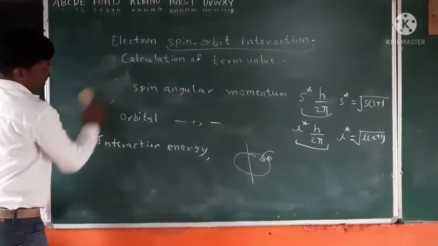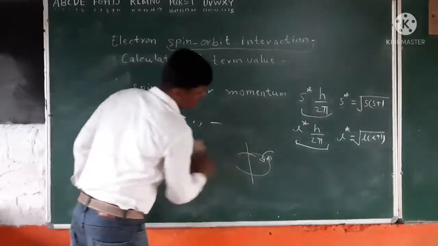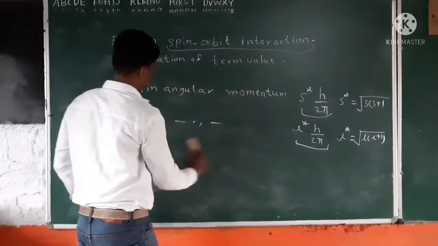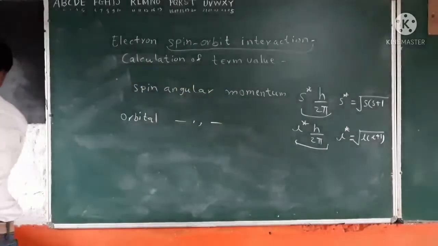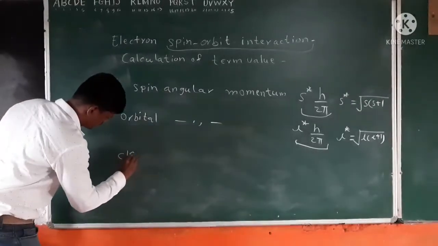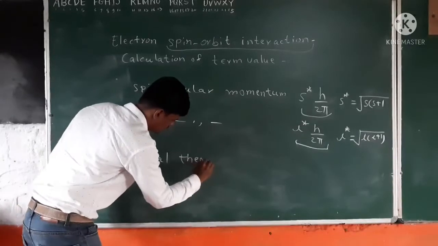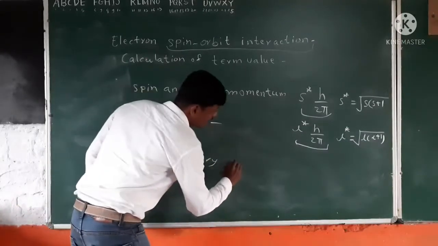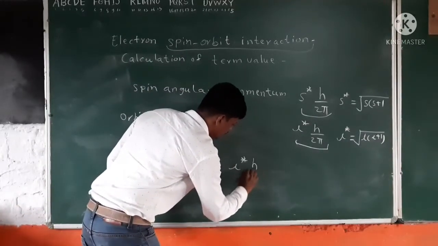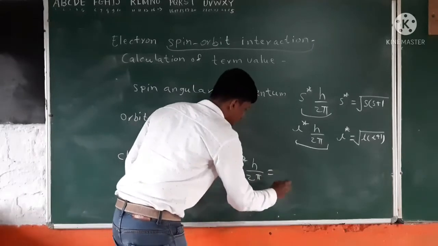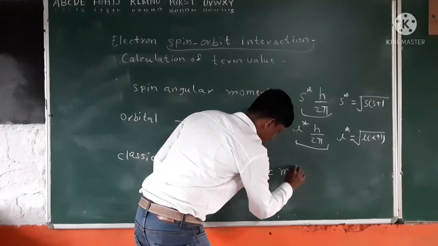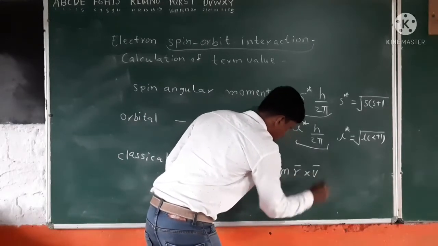We can get this orbital angular momentum from the classical model. In classical theory, L star h by 2 pi can be written as m, r bar cross v bar.